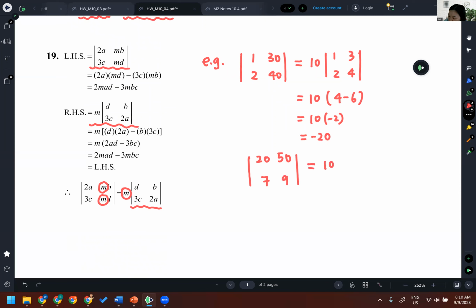You can also take out 10. Okay, and this property applies to all determinants, not just determinants of degree 2. All determinants, including degree 3. Okay, so that's 19. Something that you can use.